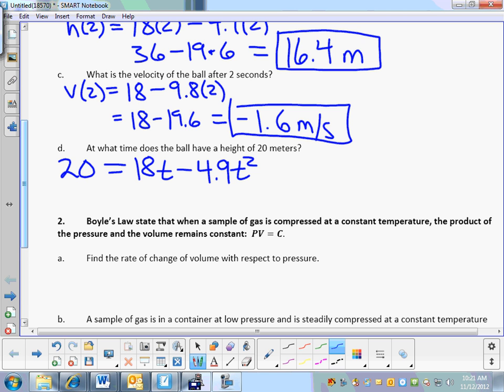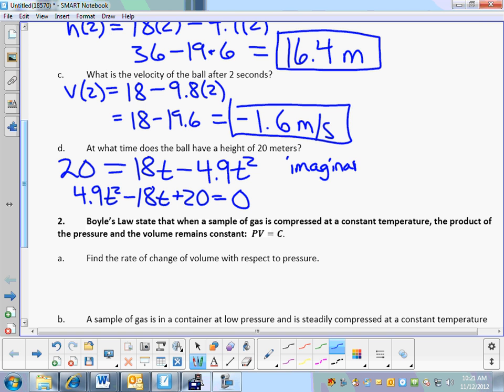So if we solve this with the quadratic formula, what should we come up with? An imaginary solution. And if you subtract that 20 over, or if you add the 4.9 over, however you want to do it, 4.9 t squared minus 18t plus 20 equals 0. If you do plug that into the quadratic formula, you're going to get an imaginary result.